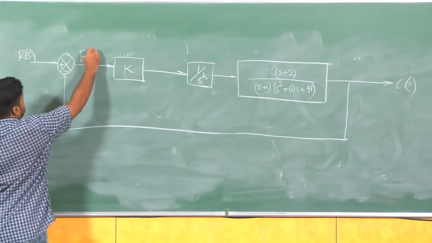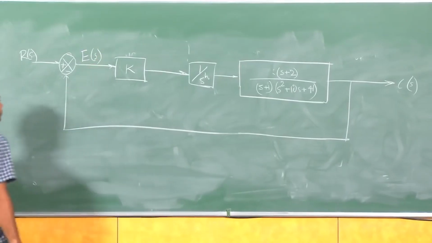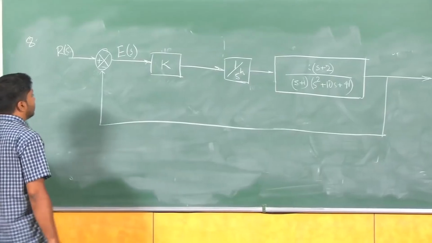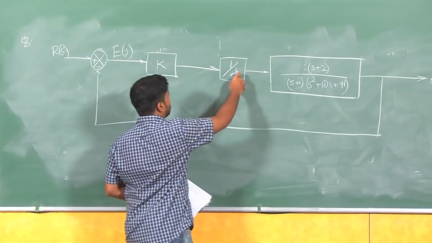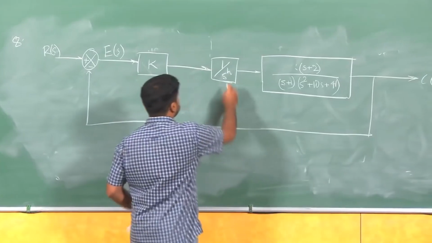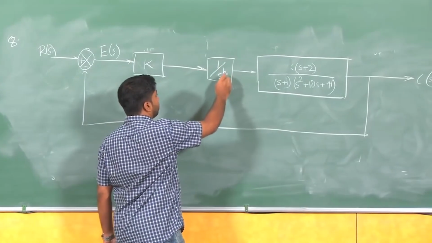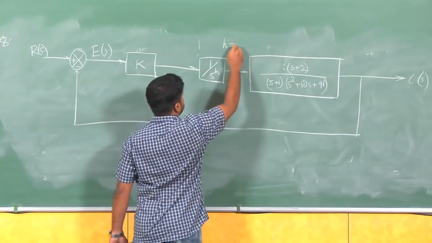In that problem, what we found is that the steady state error is going to be 0, but not for ramp input.